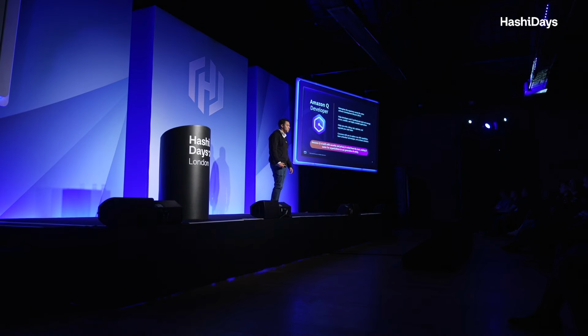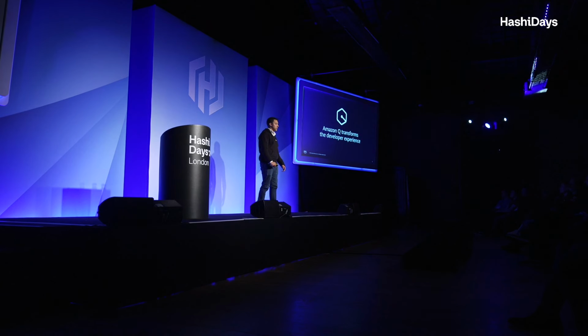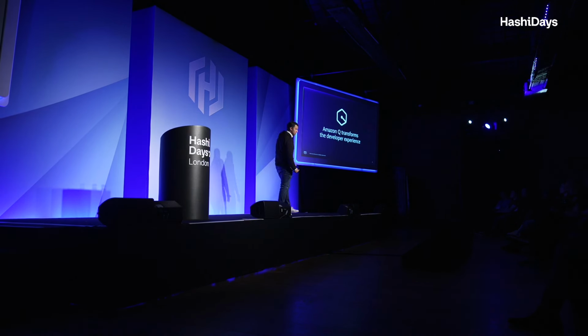And of course, moving forward, do things like security scanning and make sure that everything is compliant with the best practices that you have determined in your team or in your organization. So in a nutshell, Amazon Q is intended to transform the experience of developers and honestly make their life easier.